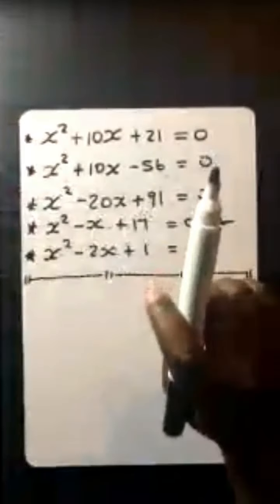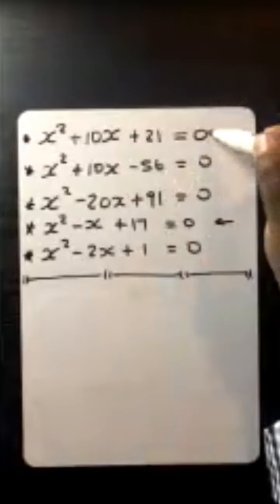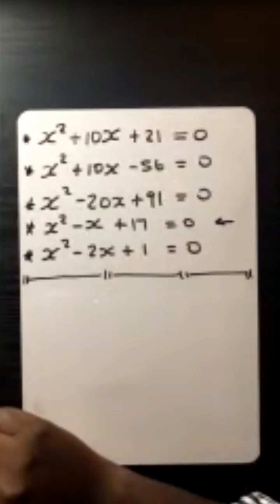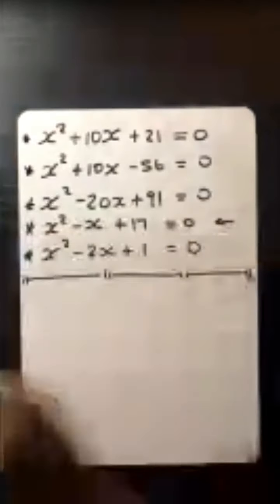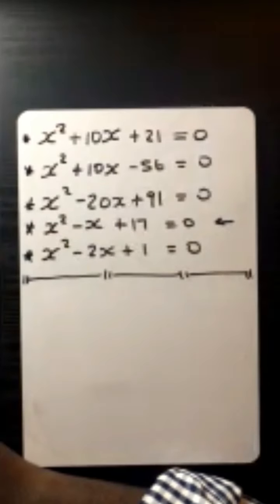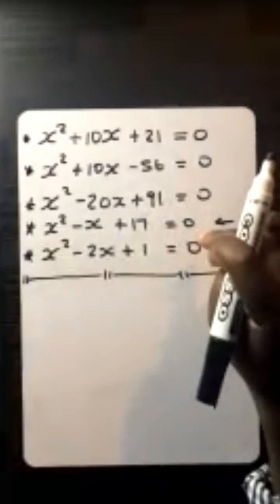So gents, that means 1, 2, 3, you can possibly find the factors. But when it gets to that one, you can just say no factors. That's if I've given you a problem which doesn't have factors.